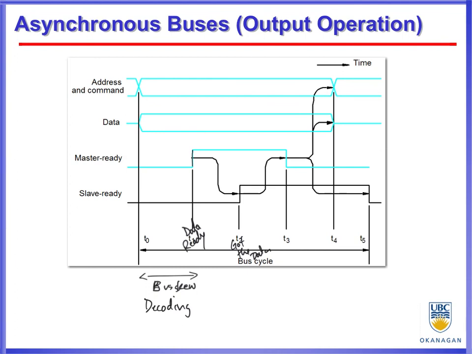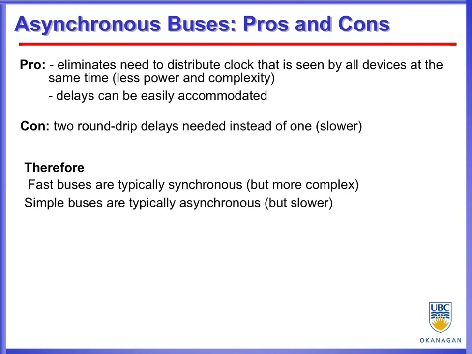So the master doesn't have to always wait till the next clock edge before it does something. If we go back, so pros and cons, as we were talking about. The good part of an asynchronous bus, it eliminates this need to distribute a clock to all devices in such a way that all those devices are seeing those clock edges at the same time. Obviously if you're going to be synchronized, everybody's got to be on the same watch.